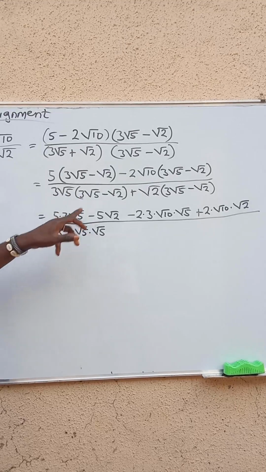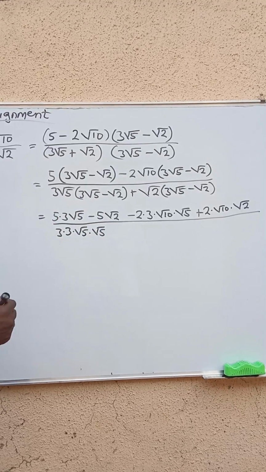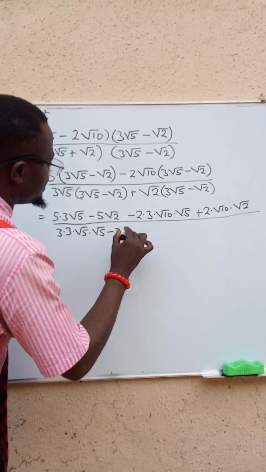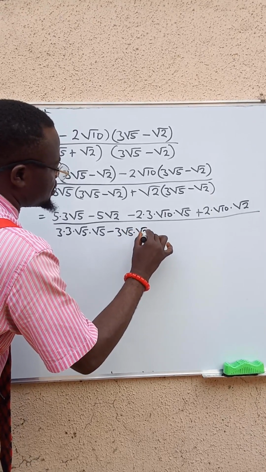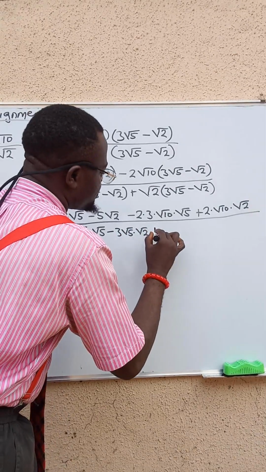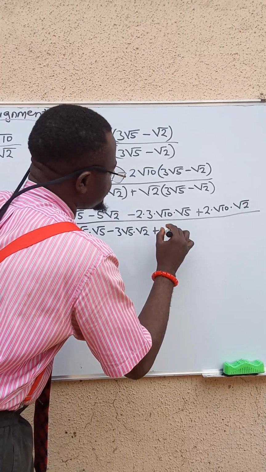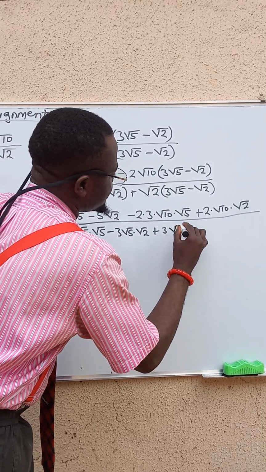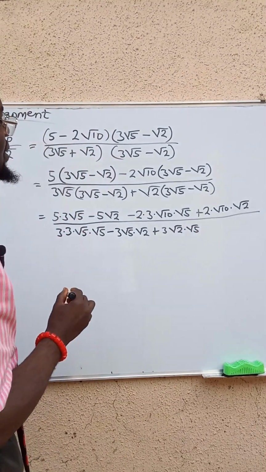That is 3 and 3. Then root 5, multiply together. Then this one is minus 3 root 5 dot root 2 plus root 2 times root 3 root 5. Bring out the number first, 3 root 2 dot root 5, right?